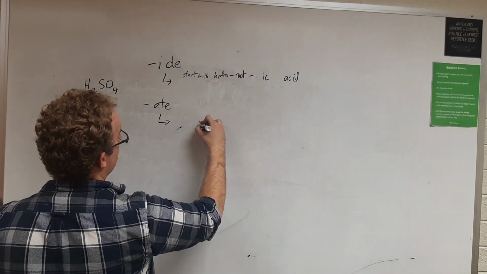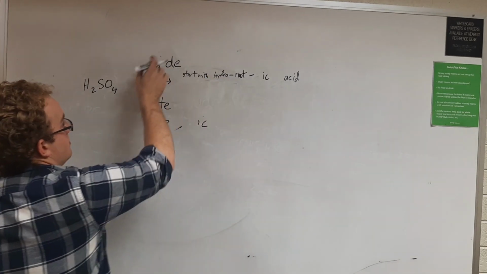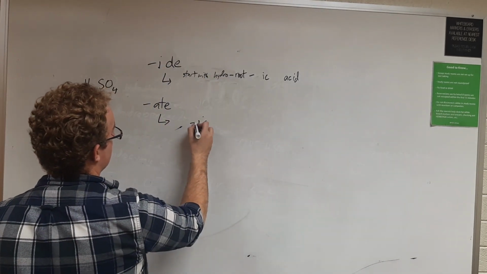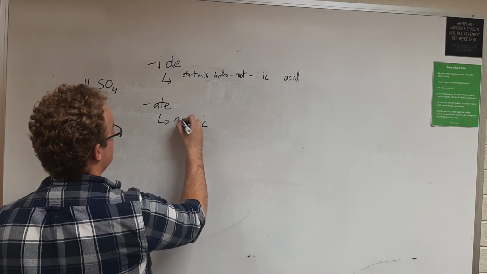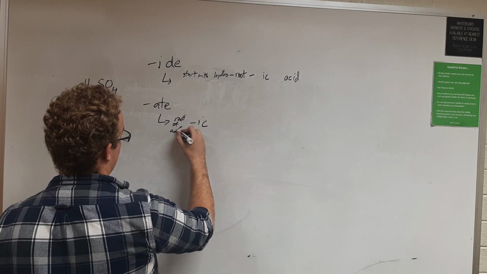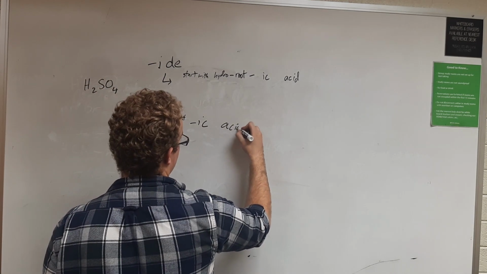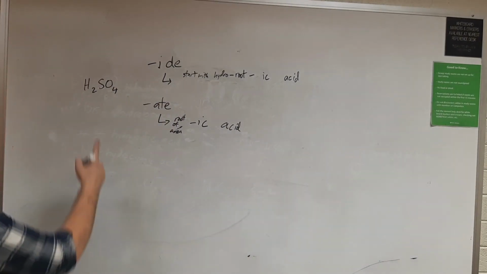Then you also end with ic, but you don't start with hydro. This hydro thing only comes with the IDE endings. So you end it with ic, and you take the root of the anion name, and then ic acid.